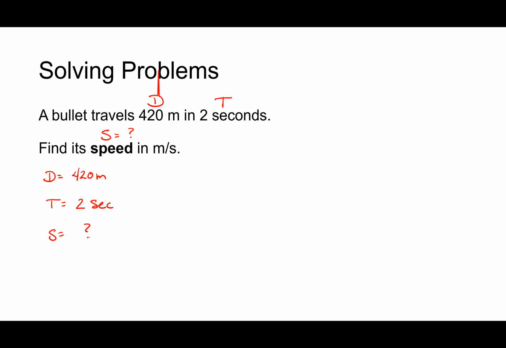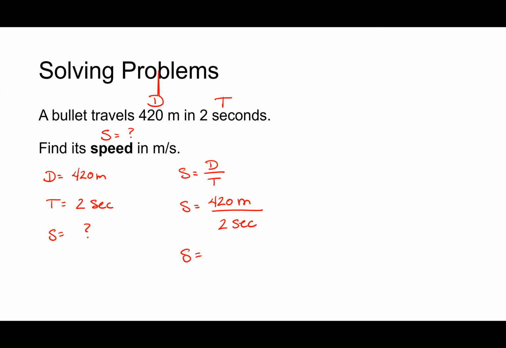If I have 2 out of 3 variables, I can find the third. So we are ready to find speed. Tell me the speed formula, class. Speed equals distance over time. Good job. Thank you, Kinsey. Let's fill in our variables on line 2. We've got 420 meters for our distance and 2 seconds for our time.